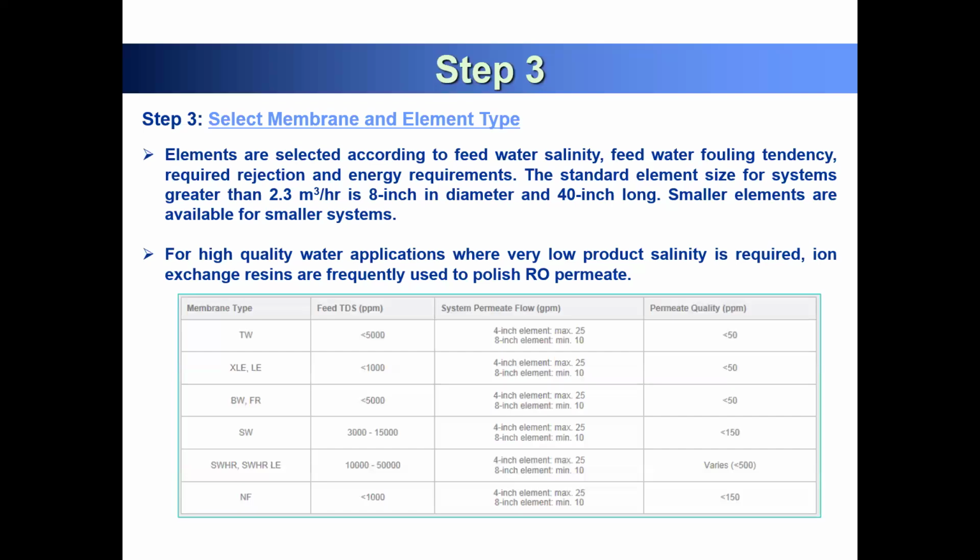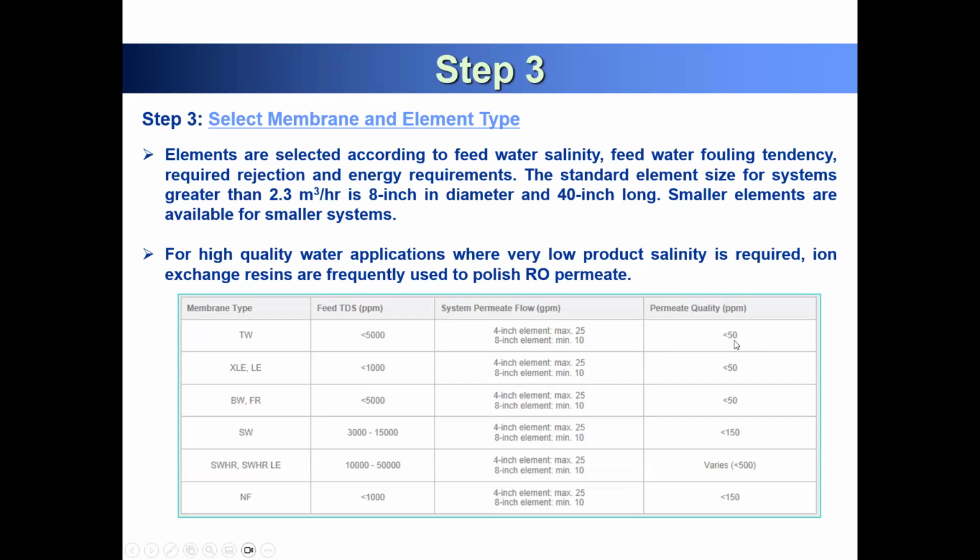So you can see the overall membrane types: TW, XLE, BW, SW, SWHR, and nanofiltration. This is the Dow FilmTec membrane element types. When you select membrane type TW, the TDS concentration is less than 5,000 milligram per liter, and they have a different membrane module.